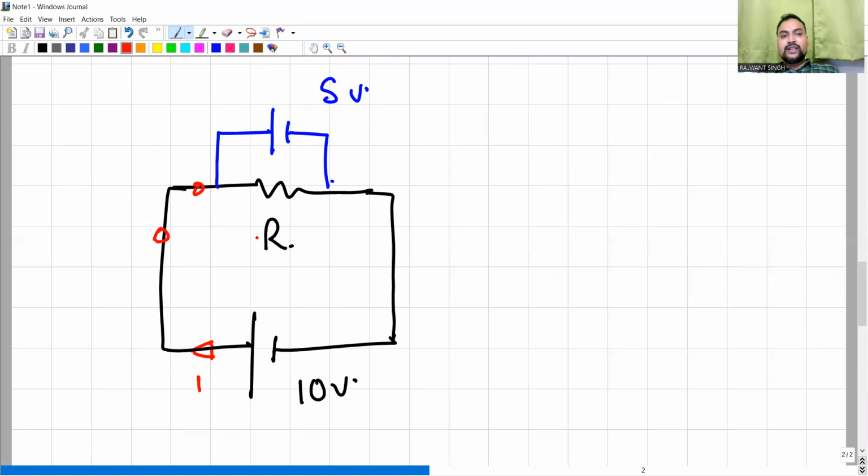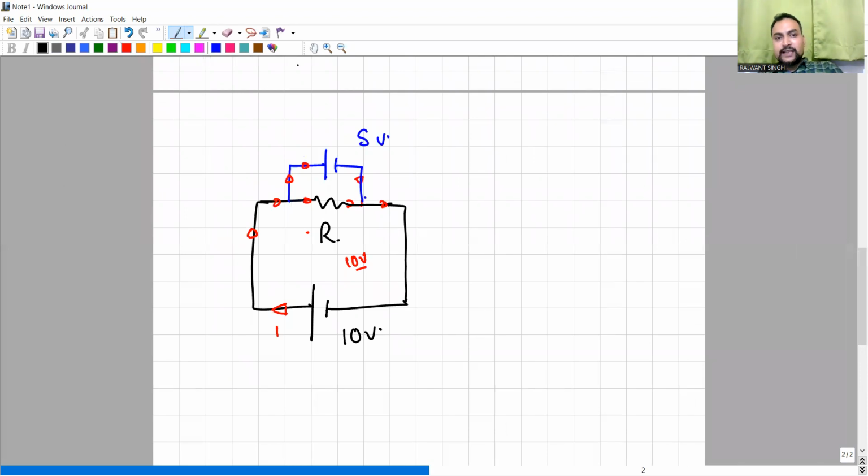The potential drop across this resistance is 10 volt, because before this cell was attached, the resistance was consuming all the potential in the circuit. So the potential drop is 10 volt, and you have connected a cell of 5 volt. So some current will also flow in this circuit. Apart from some current flowing through the resistor, some current is going to flow through this circuit.